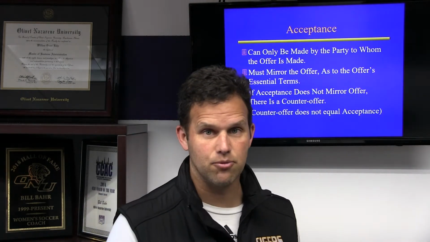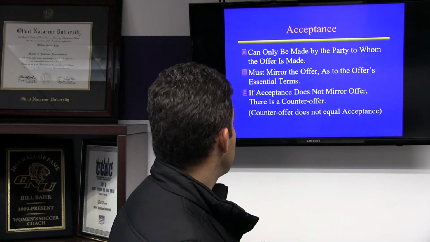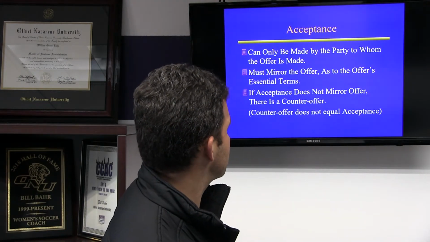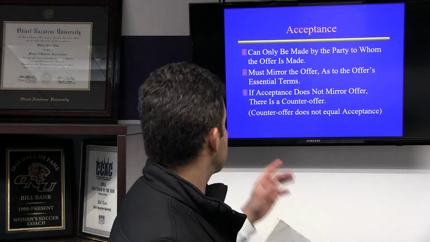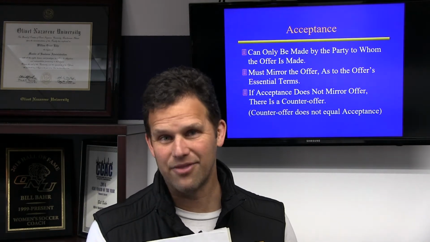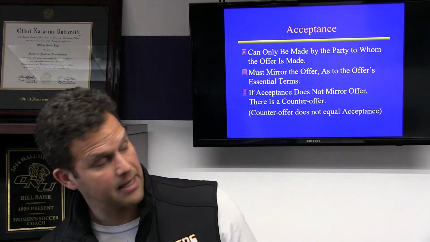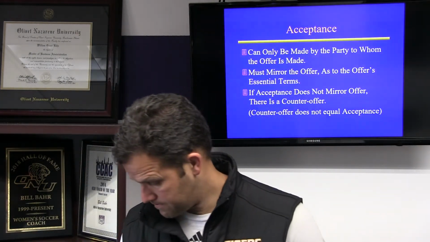It has to be renegotiated or redone if there was an error. If the acceptance does not mirror the offer, there is a counter offer. Minnie Mouse might say, I want $10,000, not $8,000, and she might present that in the signing itself.